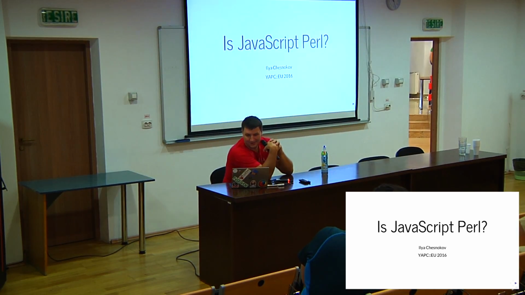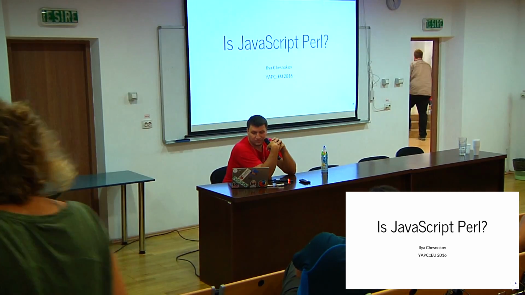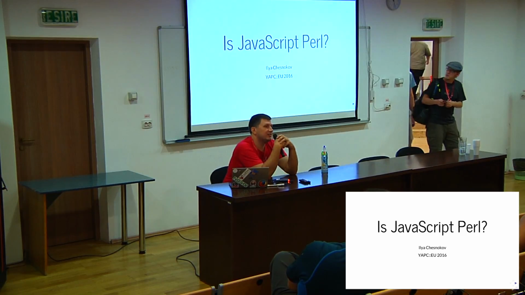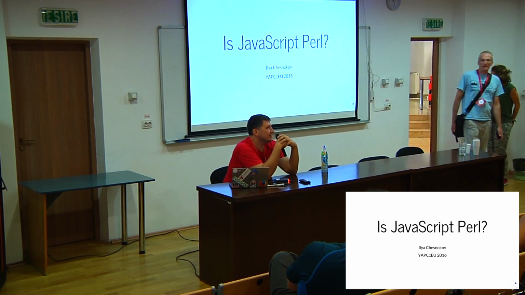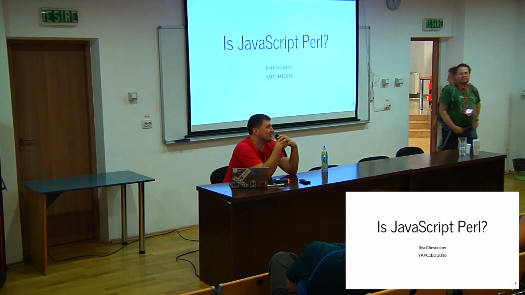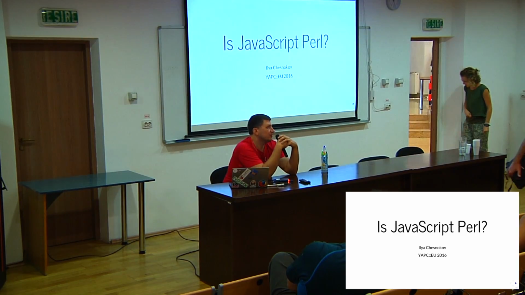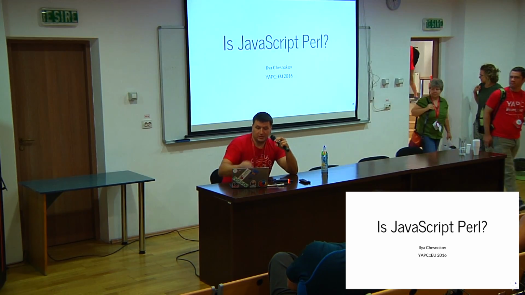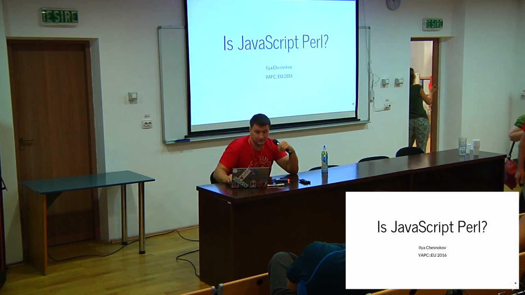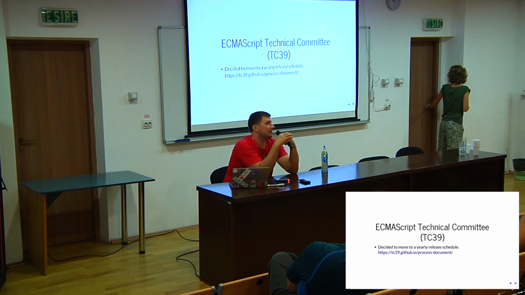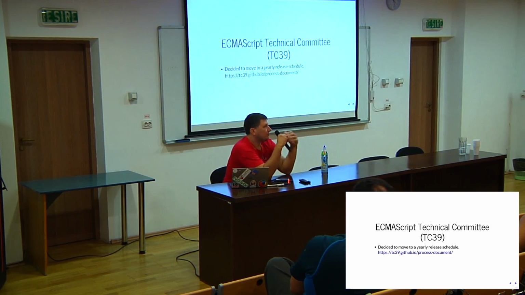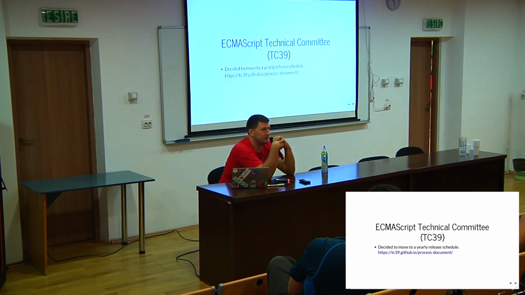So, most of you possibly know that last year a new JavaScript standard, or more precisely EcmaScript standard, came out, which is called ES6, and it effectively was a first release after the EcmaScript committee decided to move to a yearly release schedule.